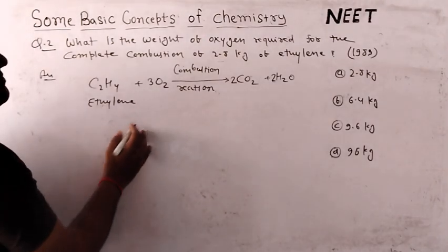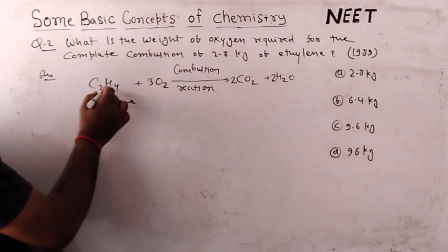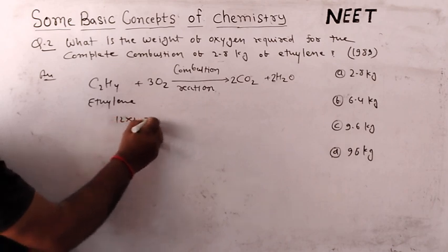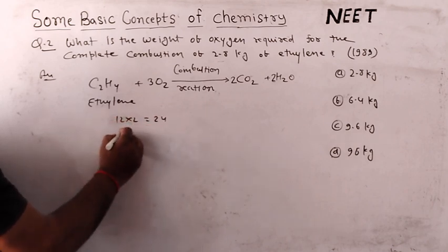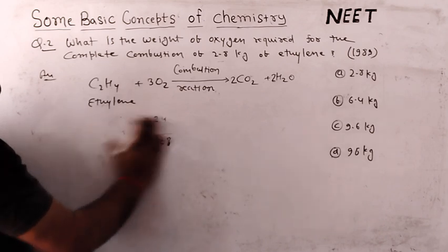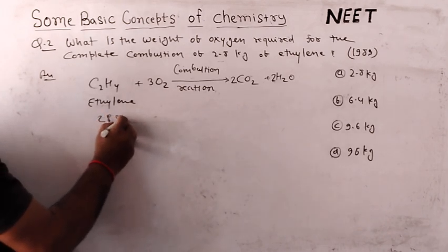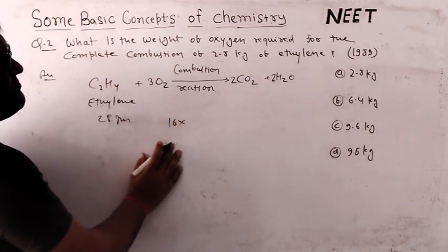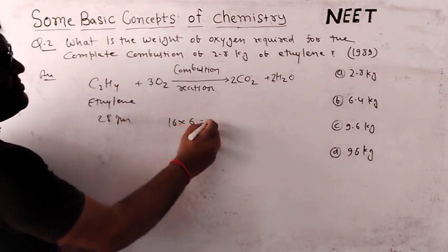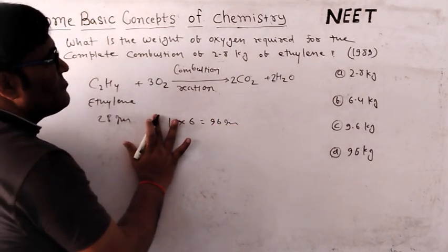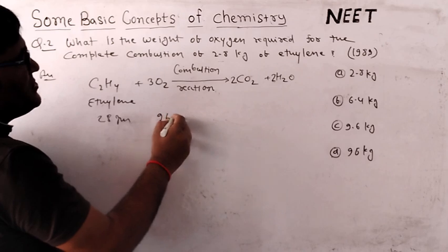Now according to the question, the molecular weight of C2H4: carbon is 12 into 2, 24, and hydrogen 1 into 4, 4. So molecular weight is 28 gram. Now 28 gram reacts with oxygen, atomic weight 16, and due to presence of 6 oxygen, 96 gram is the total molecular weight of 3 molecules of O2. So 96 gram.